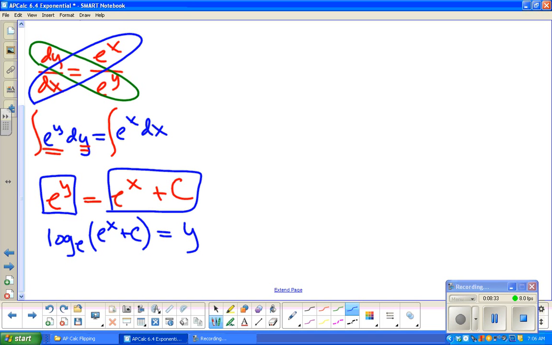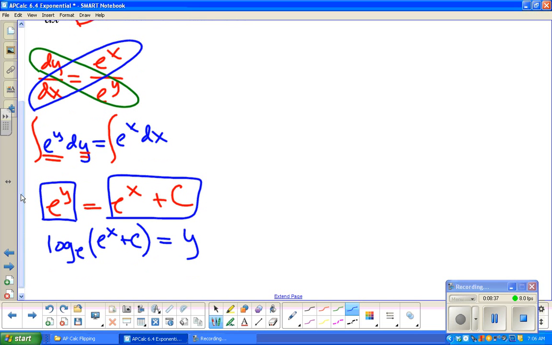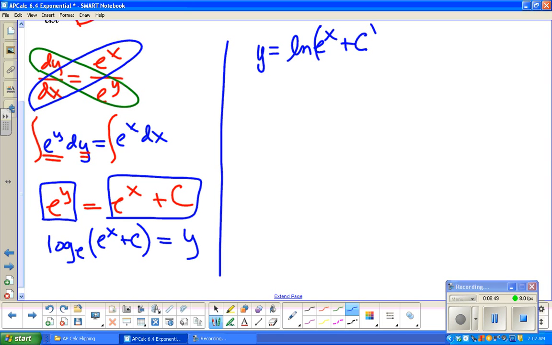Remember, the log equals the exponent. Okay, so I'm going to pull it over here. Okay, so y equals ln of e to the x plus c. Sorry, got to squeeze some parentheses in there. Okay.